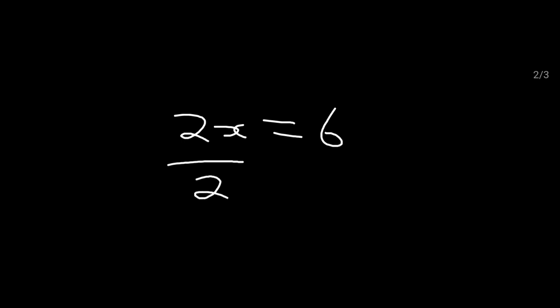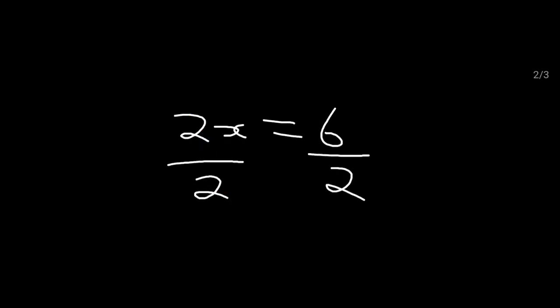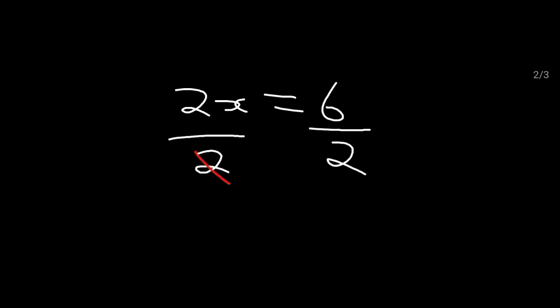But remember that whatever you do on the left-hand side, you must also do on the right-hand side. These 2 will cancel these 2, and you are left with your x. Then on this side you just use your calculator: 6 divided by 2 is 3. This means x equals 3.